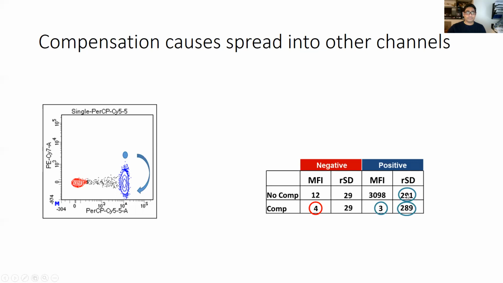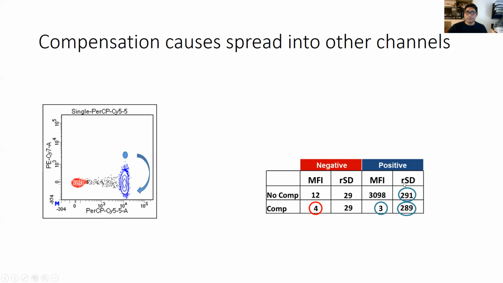So the robust SD is 209. After the compensation, it's moved down to here. Remember, this is a log scale. So the same thing, 3,000 looks much bigger at the higher levels.